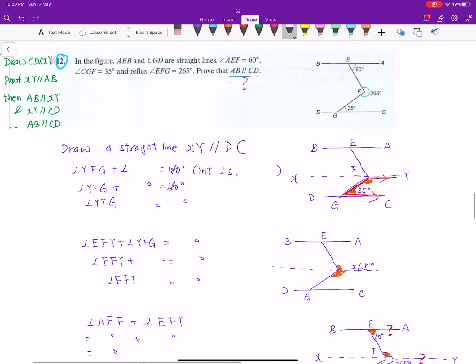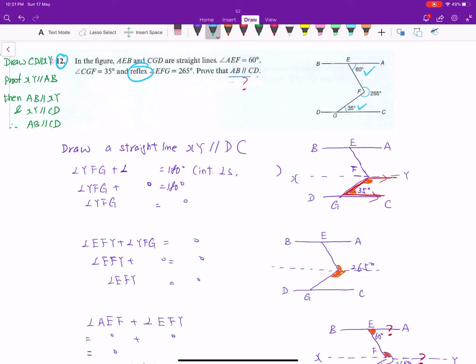In the figure, AEB and CGD are straight lines, and angle AEF is 60 degrees, angle CGF is 35 degrees, and the reflex angle, that means for this angle, the larger angle, we call it the reflex angle.